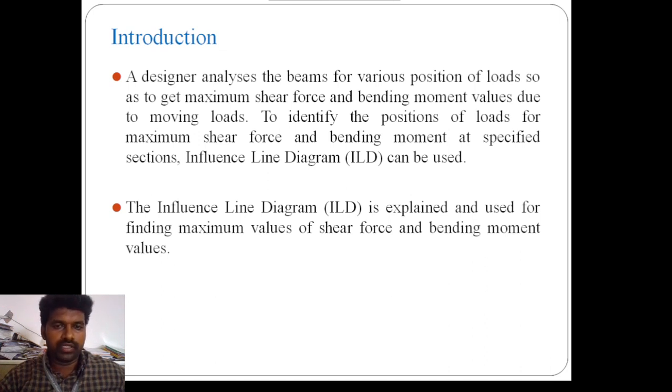That is the condition we can assume, so the loads are different, and the position of the load cannot be the same, because the load can be anywhere in the beam. If the load moves and the load varies, the shear force and bending moment also vary. The influence line diagram is used for finding maximum values of shear force and bending moment.